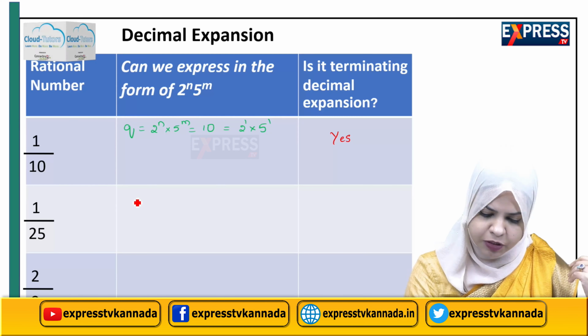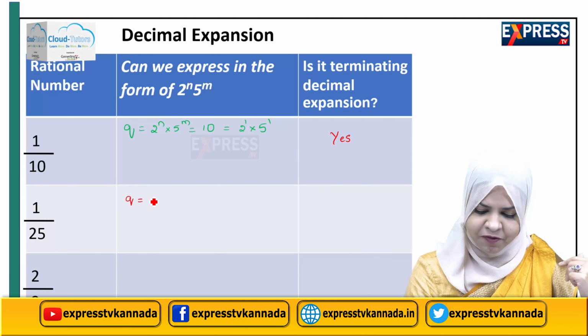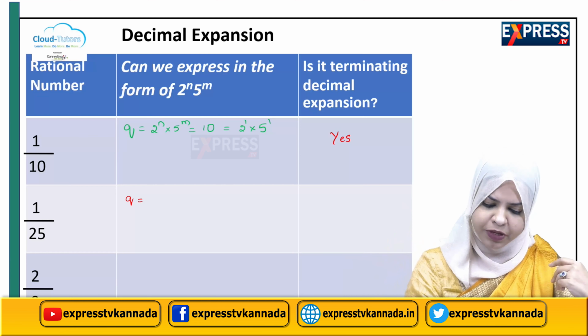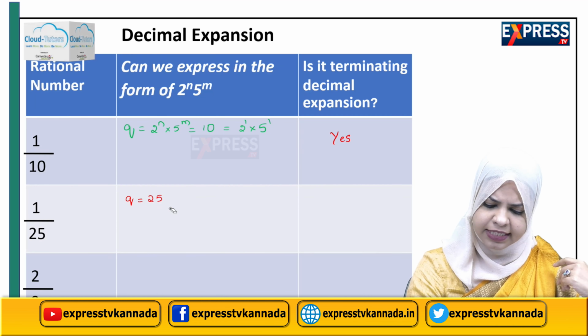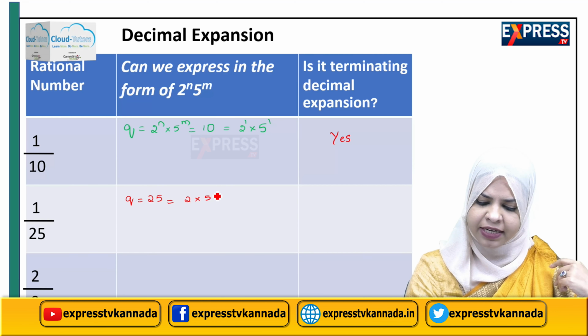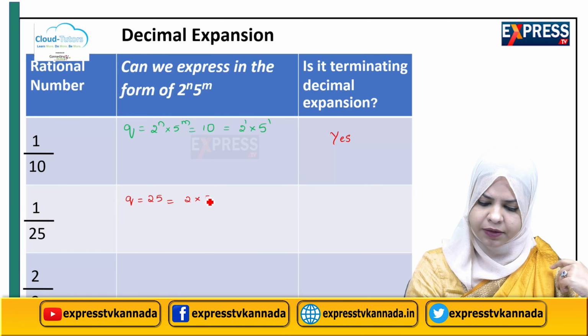So let's see the next question. 1 by 25. Sorry, we are not dividing here. We are only checking if it's in the form of 2 power n into 5 power m. So Q is equal to 25. Let's express this in that form. Here definitely it does not have any factor of 2, but we have 5 square.